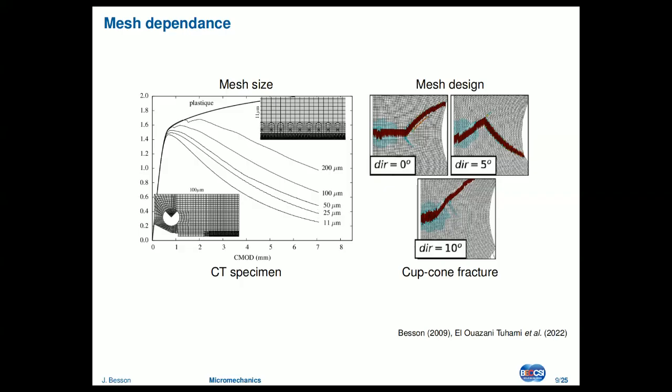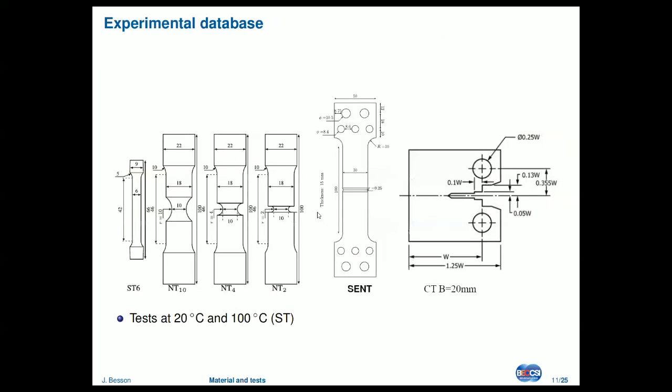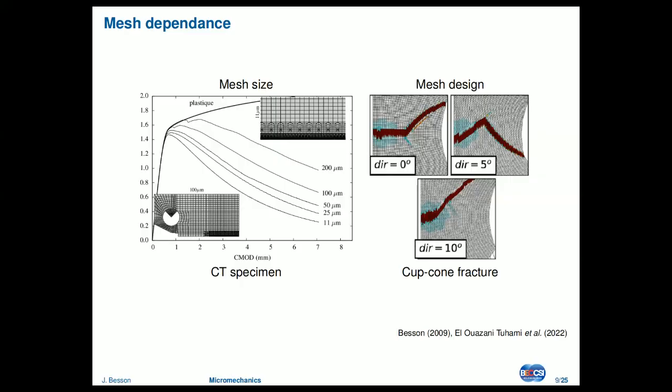Okay, you can say, oh, no big deal. I will consider a fixed mesh size, and that will solve more or less my length problem. Not exactly, because in some cases, you also want to predict crack path. Here are three simulations of a tensile bar where you have necking and failure by cup cone.